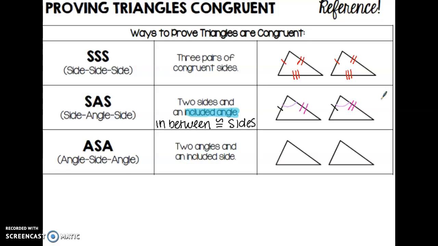For angle side angle, that is 2 angles and an included side. So here, the important part is that it is an included side. So again, in this case, we need that in between congruent angles.